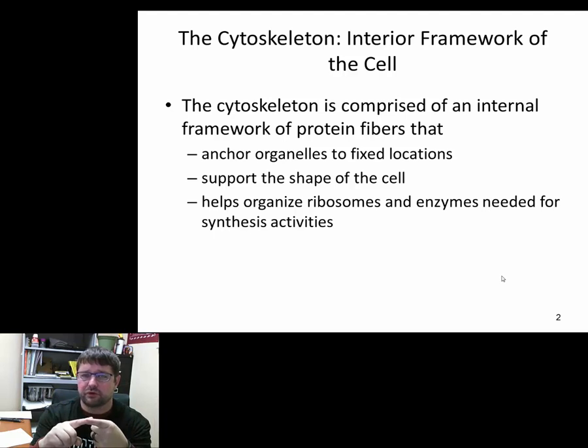That's where microtubules will come into play mainly. It can be important for DNA synthesis and transcription and translation, so pairing up transfer RNA with the appropriate ribosomes, or amino acids with the appropriate transfer RNA, these kinds of things, which we'll get to at a later date.